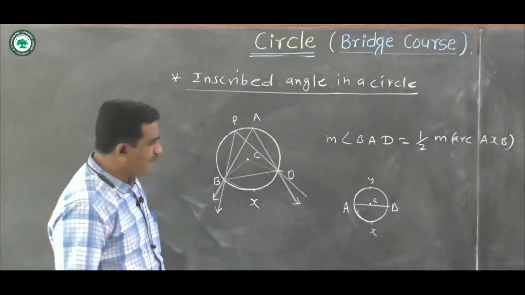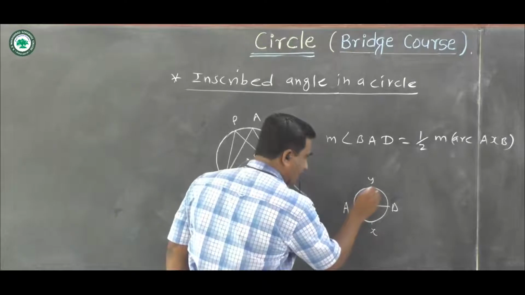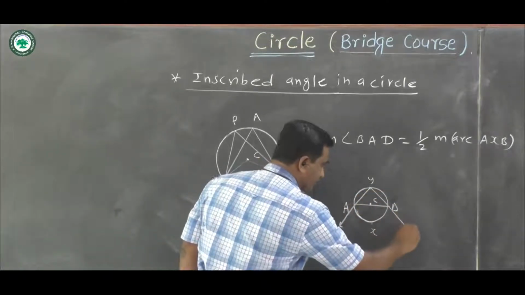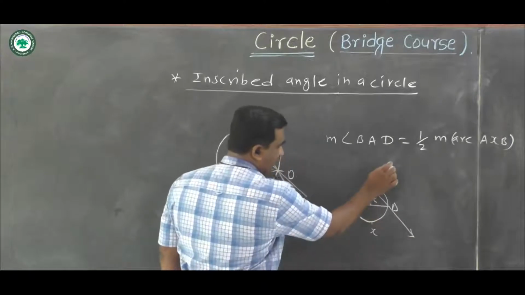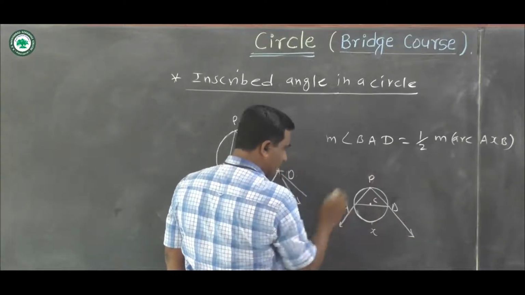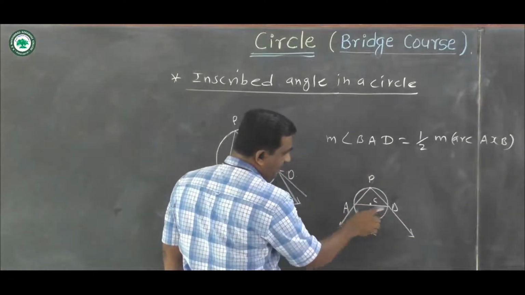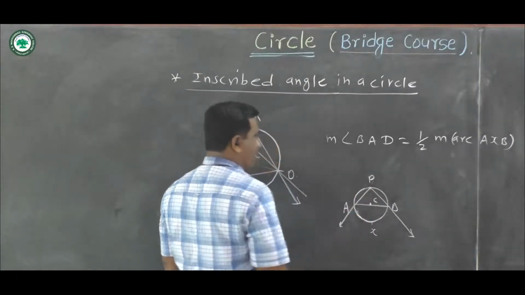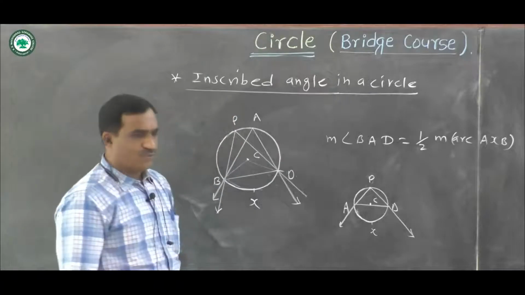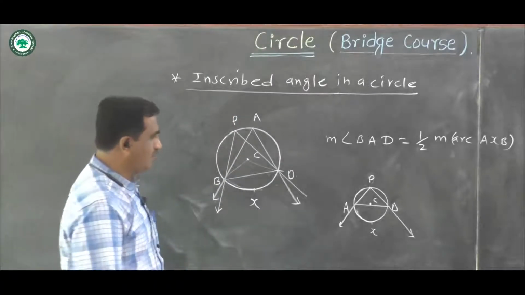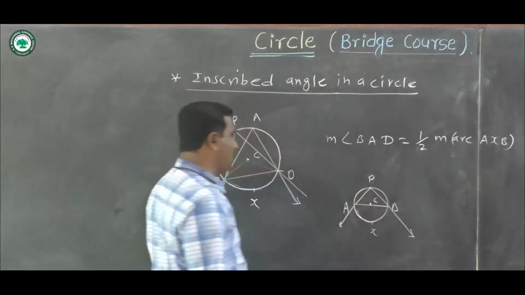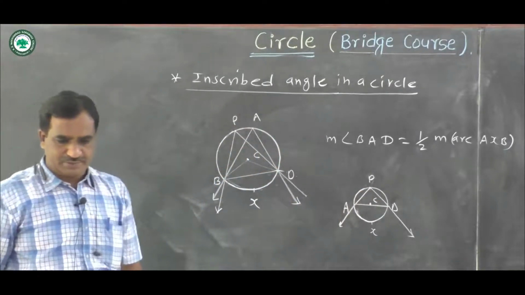The angle inscribed in a semicircle like this, we can give here the name P. Angle APD lies in a semicircle. Therefore, the measure of this angle is equal to 90 degrees, because AP and AD are perpendicular to each other.